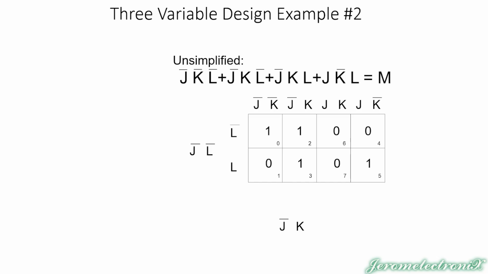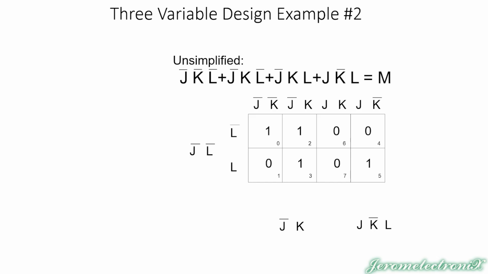What do we do about the 1 in cell 5? Can we implicate that and group it with another 1? The only way we could do that is diagonally, and diagonally is not allowed. So this 1 in cell 5 is not simplifiable.